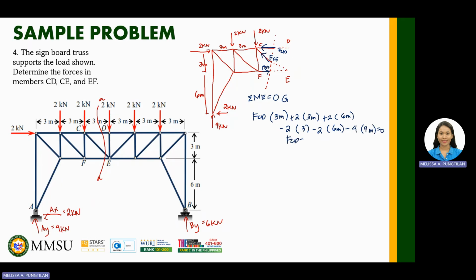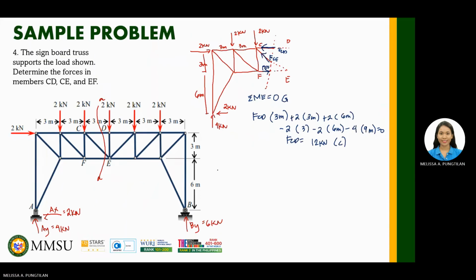So, FCD now is equal to 12 minus 36 plus 2 by 3, minus 12 minus 36. Okay, so FCD is equal to 12 kilonewton. So, positive, tama yung assumption natin dito. So, 12 kilonewton na CD in compression.